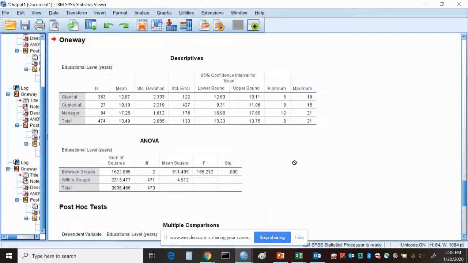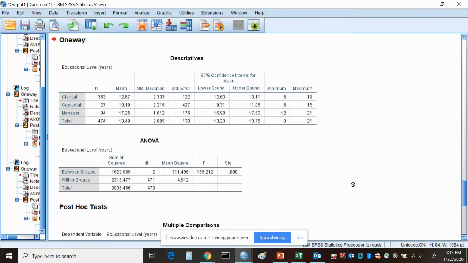So hit OK. And so now we see that clerical workers have an average number of 12.87 years, which on average would be 1 year above college. If you look at the confidence interval, it suggests the majority of those who are clerical workers are between about completing maybe their first year of college and their second year of college.